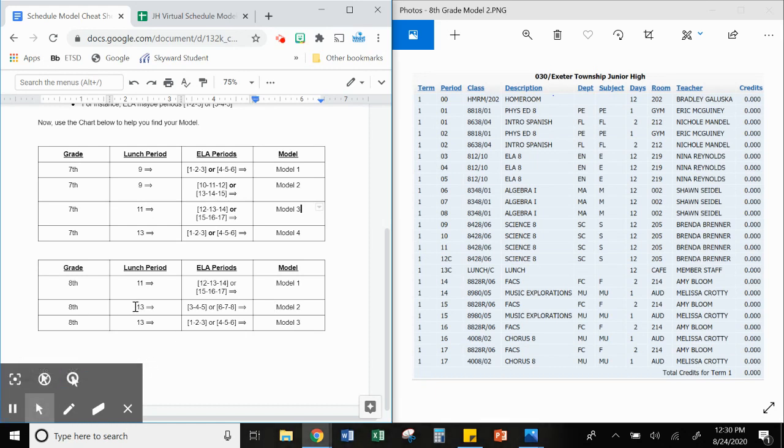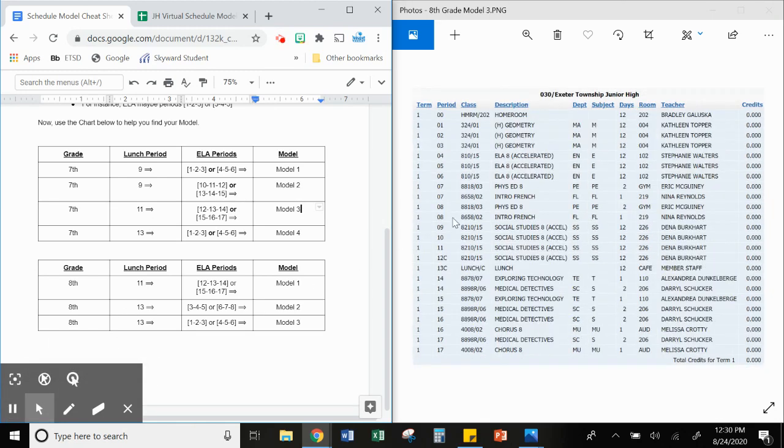The last thing I will show you is an 8th grade Model 3 schedule. So the last model that we have here today that you can see on my screen is of an 8th grade Model 3 schedule. Once again, what you will look for on your Skyward schedule is your lunch period. This lunch period is period 13.